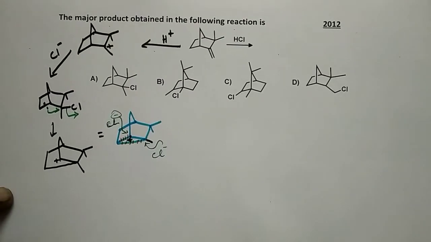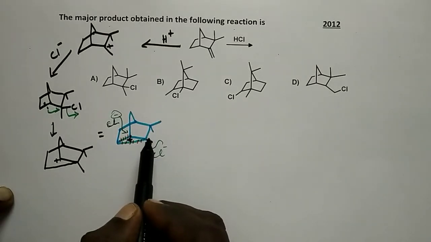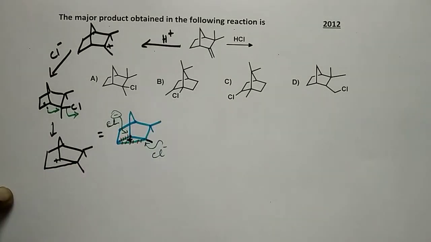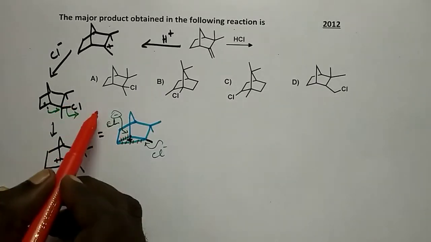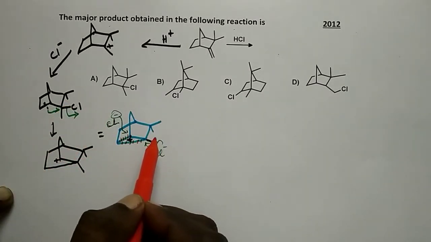If the chlorine attacks at this carbon, I will get this one. Exactly the same thing I will be getting if the chlorine attacks here at this place.